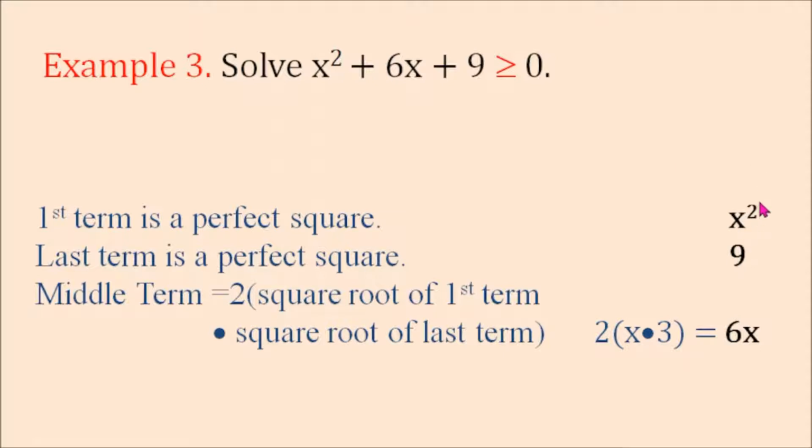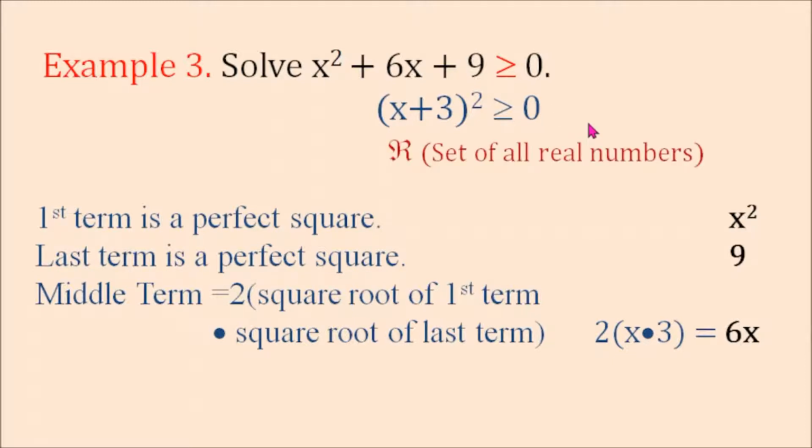The square root of x squared is x, the square root of 9 is 3, then the sign of the middle term is positive, so it can be expressed as the quantity x plus 3 squared is greater than or equal to 0. Now, if this would be the case, our solution would be the set of all real numbers.